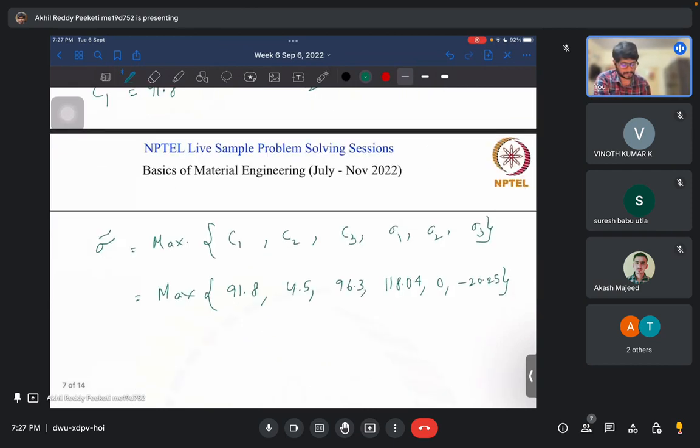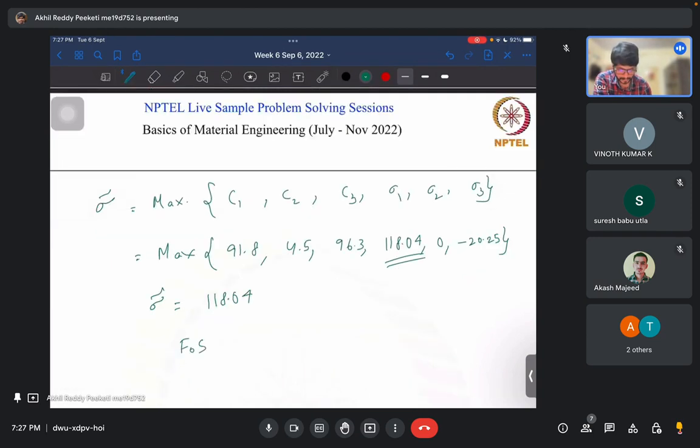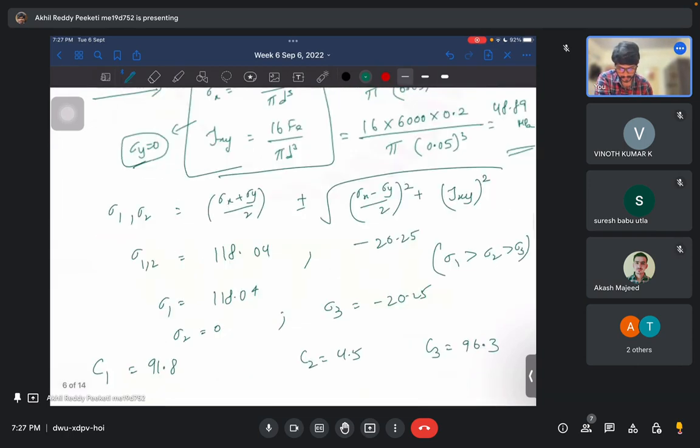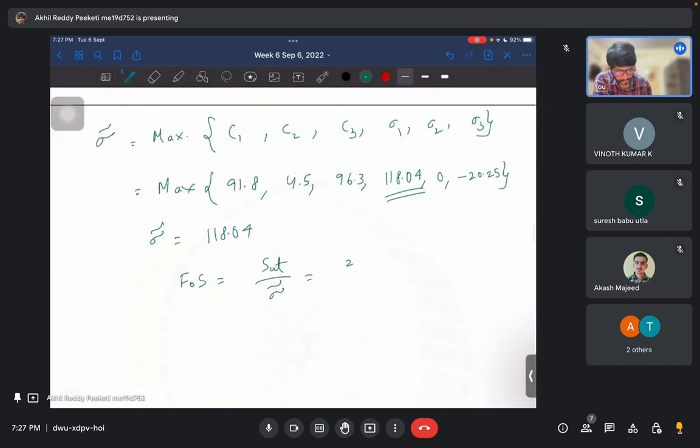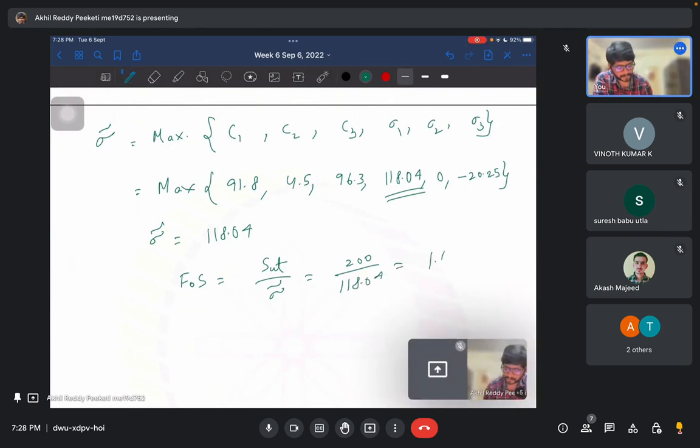Which is the maximum? This one, right? So sigma effective is 118.04 and the factor of safety is SUT by sigma effective. I have given SUT as 200, so 200 by 118.04, which would give us 1.69.